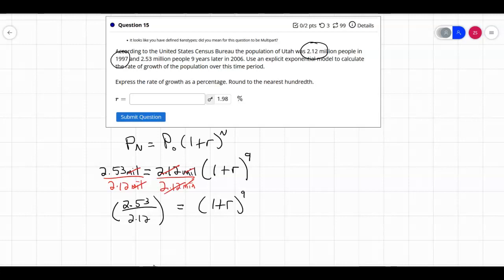Now, how do we get rid of the 9th power? To solve for the rate in an exponential model, we end up using a root. We need to take the 9th root. Now the 9th root is the same as a 1/9 power.